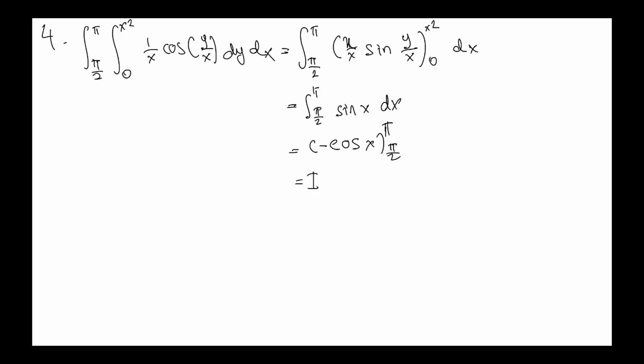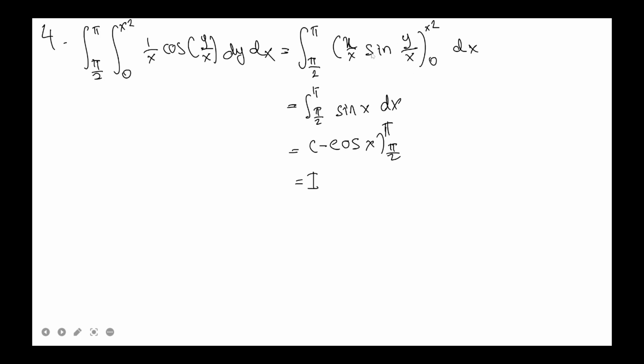For the fourth question, it is not that complicated, but it's quite tricky. If you know how to do it, it's very simple. Here we integrate with respect to y, from 0 to x squared.